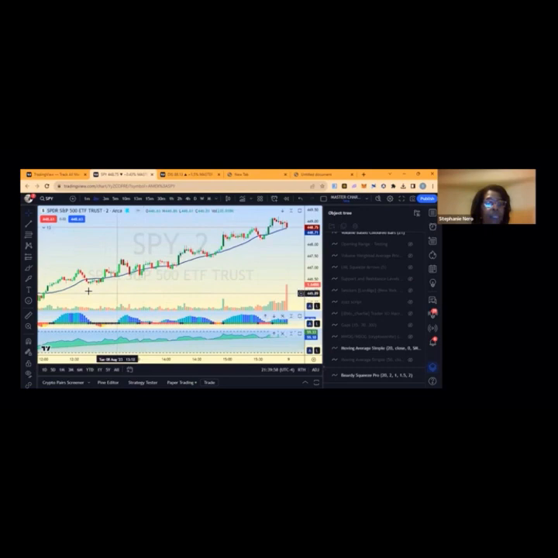Then I look to see where my candles are located. I always want to enter into a trade using the 20-day moving average with the candles as close as possible to the 20-day moving average.